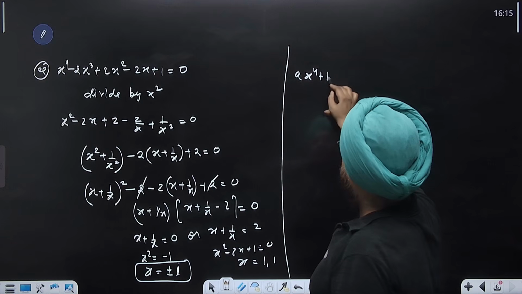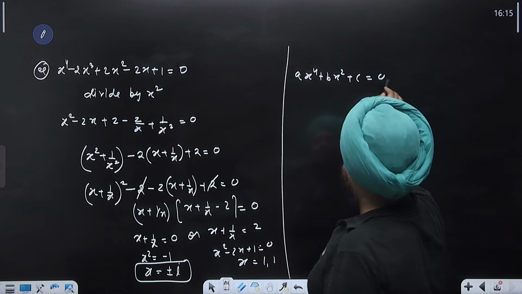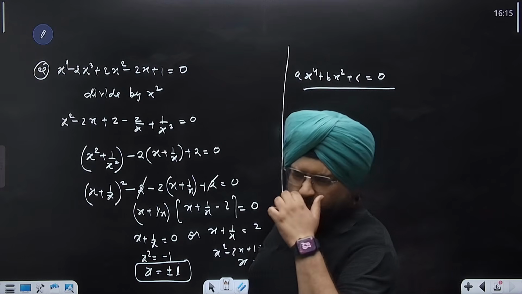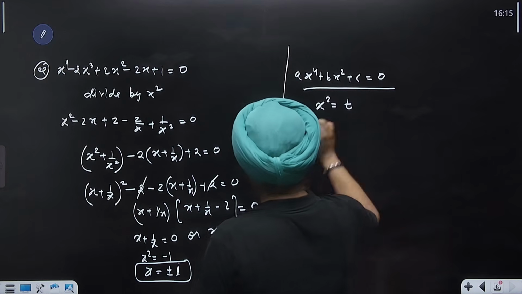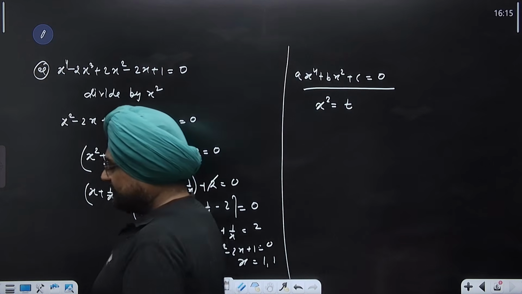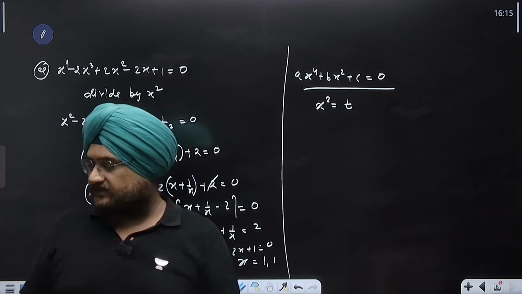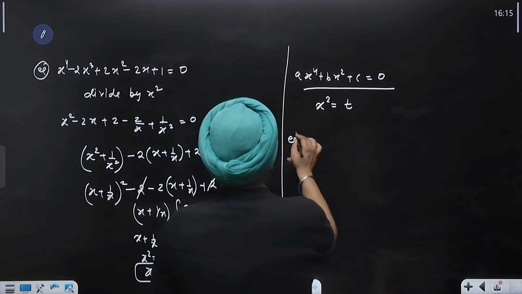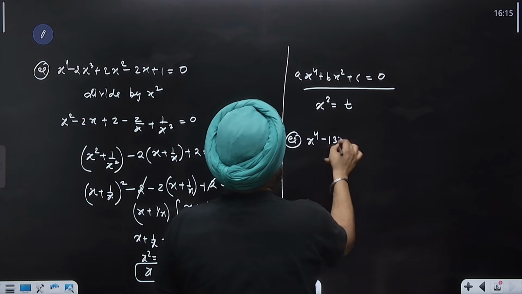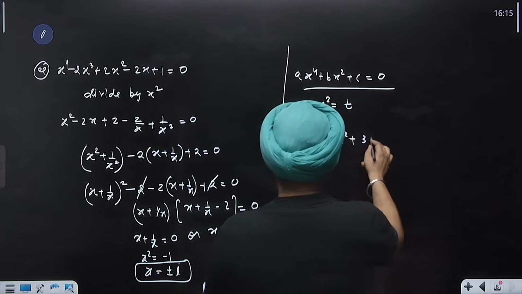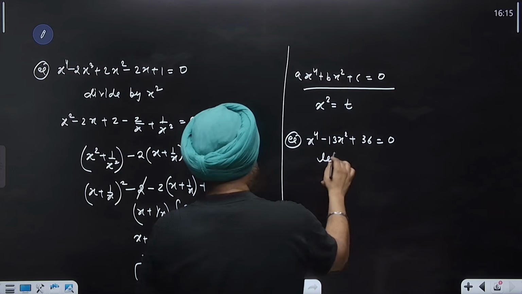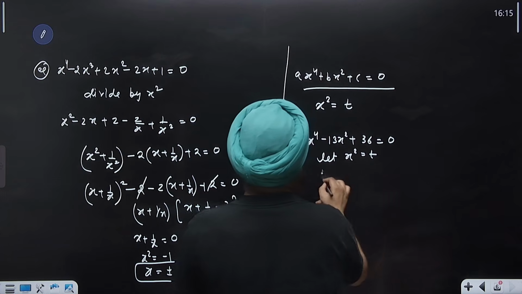If you are given this type of equation in which no x and x cube coefficient is there, you can simply consider x square equal to t, and this will become a quadratic equation. Let x square equal to t.